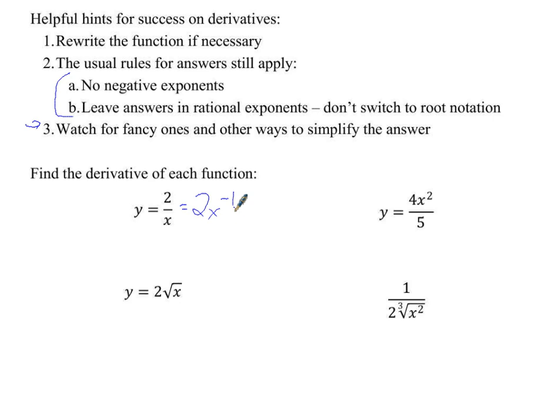And now I can take the derivative, and I get y prime equals negative 2 x to the negative 2 power. Rewrite it. My answer would be y prime equals negative 2 over x squared.